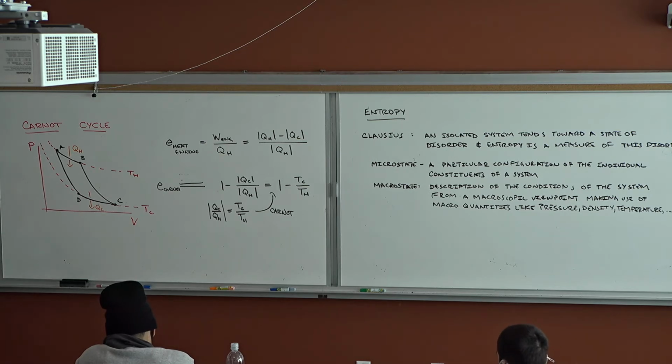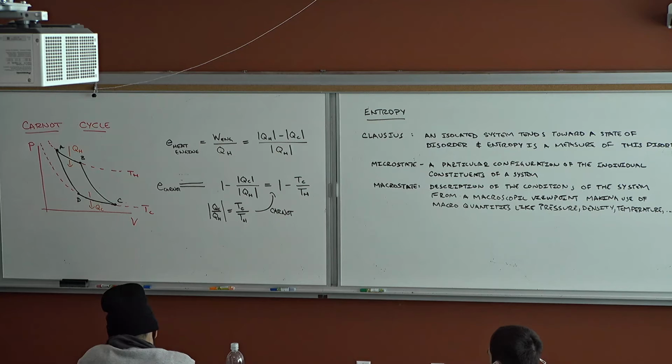But in order for work to be done, or for it to do work, but not change the temperature, that means that there also has to be heat in or heat out.